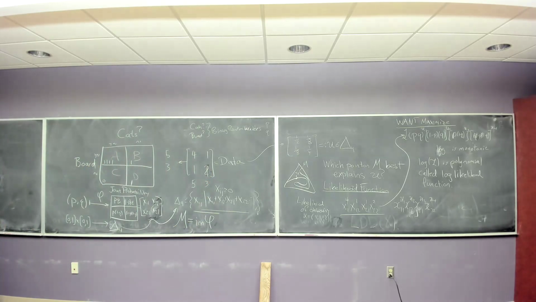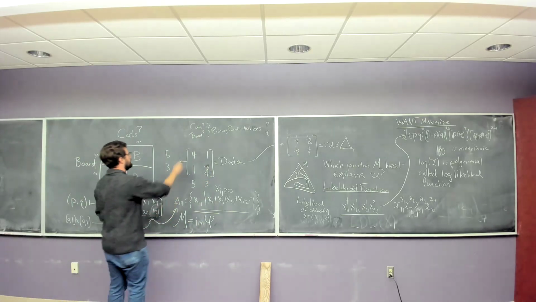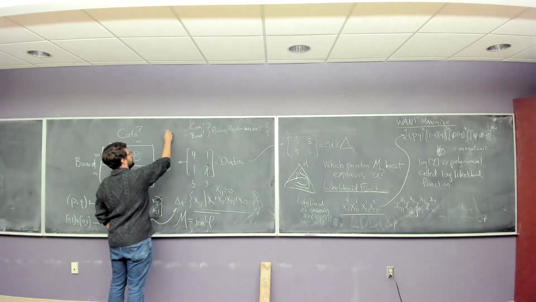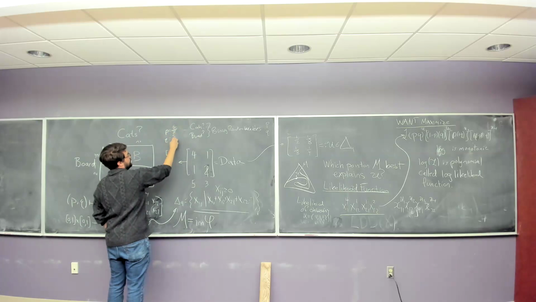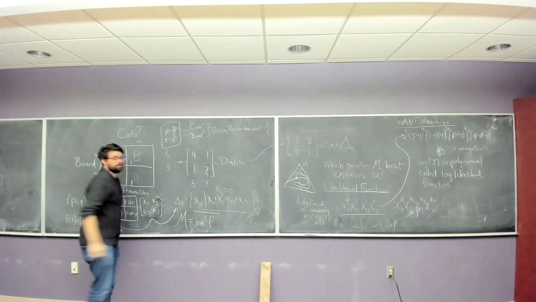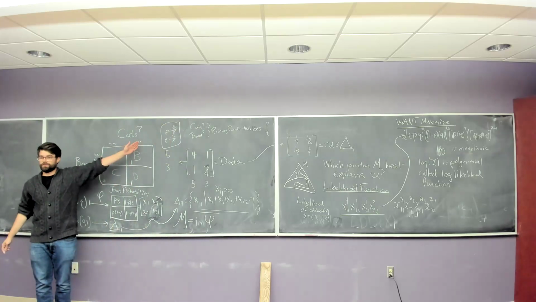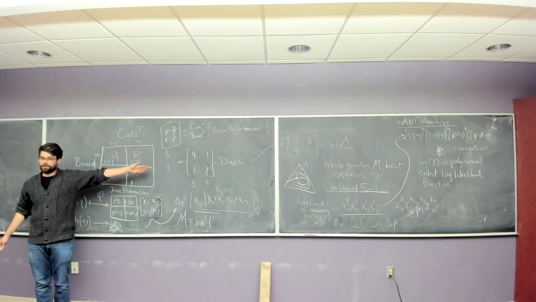And so you guess that p is 5/8, and q is also 5/8. So this is the best guess for what p and q are, the marginals here.